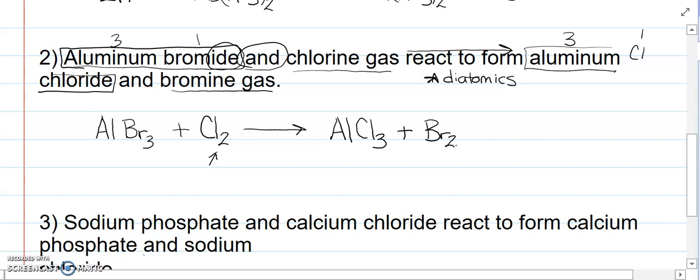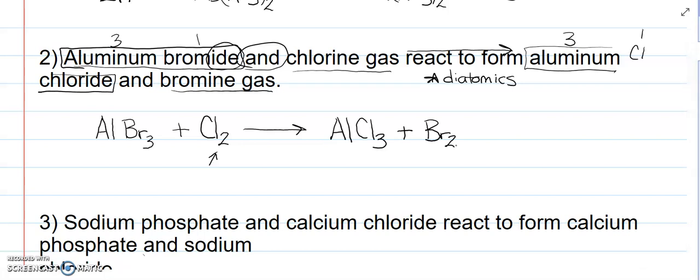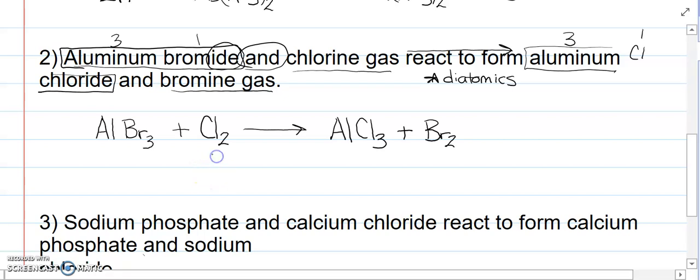Now, last step in this equation is to balance the equation. And if I'm going to balance the equation, I need to make sure that I've got the same number on both sides. So 1 aluminum and 1 aluminum, and that works good. But I have 3 bromine and 2 bromine, and I'm going to need a common number for those, and that common number is 6.